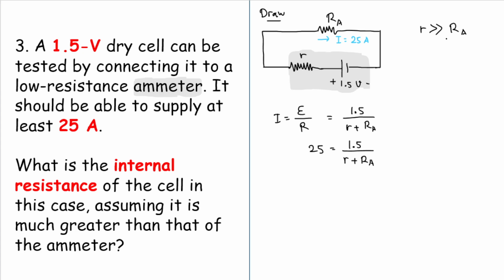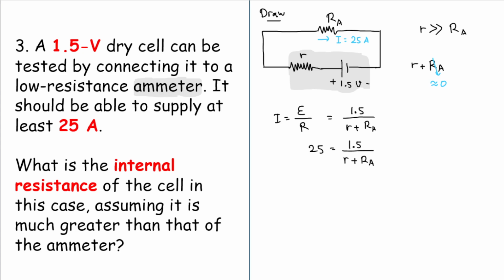Good. And now we have this, right? Because we have R much greater than R_A, we can just assume that R plus R_A, that means that R_A is much smaller than R, so we can assume that this is approximately 0.